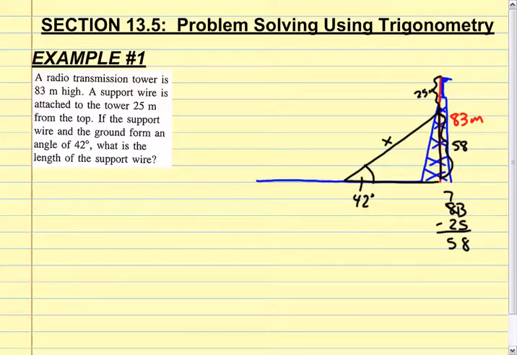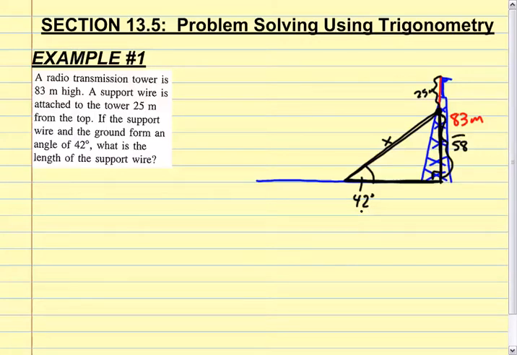Now here's the critical part. I've got this right triangle, with the support wire, the height from where the support wire meets the tower down to the ground, and this distance here. I know that this angle is 42 degrees.